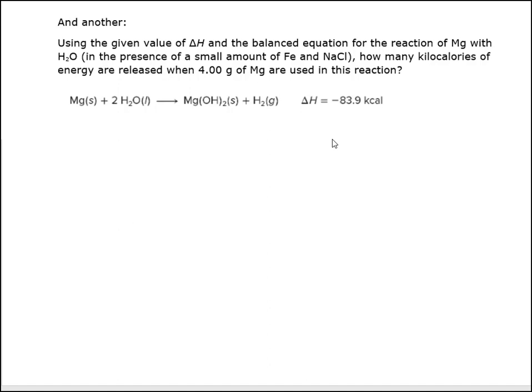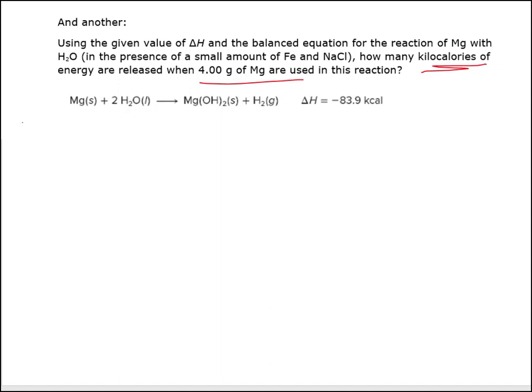So we have another thermochemical equation here that's telling us, using the given value of delta H in the balanced thermochemical equation for the reaction of magnesium with water, how many kilocalories of energy are released when 4 grams of magnesium are used?